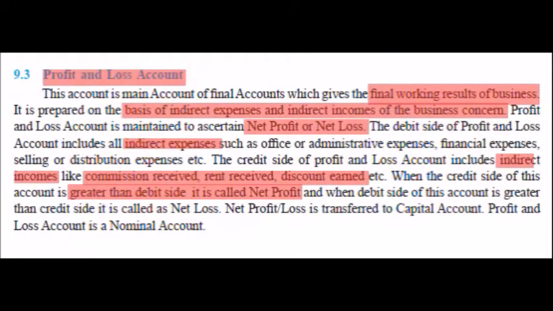And when the debit side of this account is greater than the credit side, it is called a net loss.